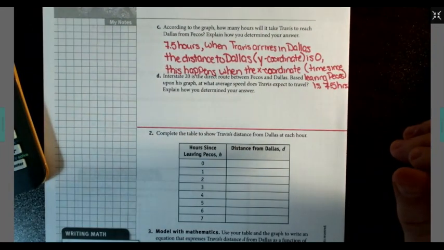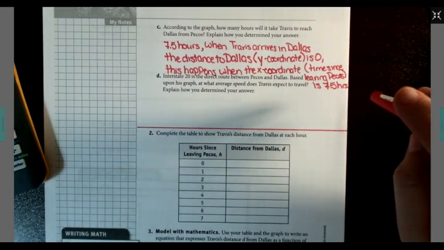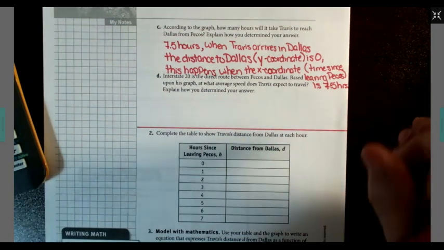Interstate 20 is the direct route from Pecos to Dallas. Based upon his graph, at what average speed does Travis expect to travel, and explain how we determine this answer?